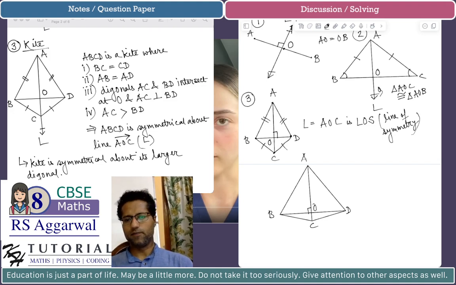In the second kite figure, the diagonals are of equal length, but it is still not symmetrical about the diagonal BD. It is symmetrical about the diagonal AC.